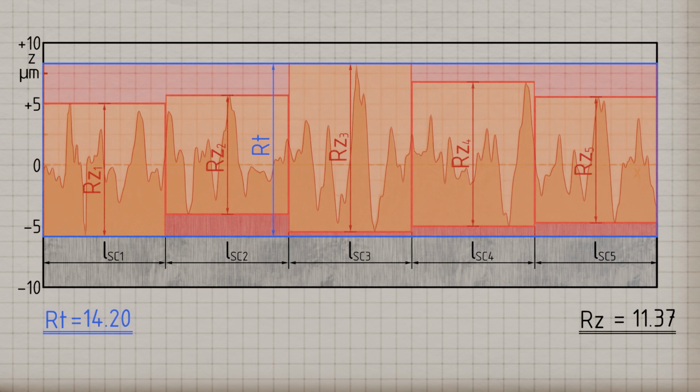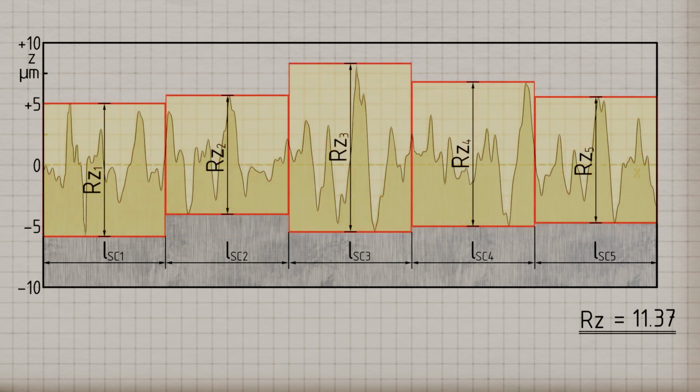Conversely, if the values are close to each other, the surface exhibits a relatively homogeneous roughness profile without major deviations from the mean value. The individual heights Rz1 to Rz5 thus lie within a relatively narrow band defined by the height Rt.